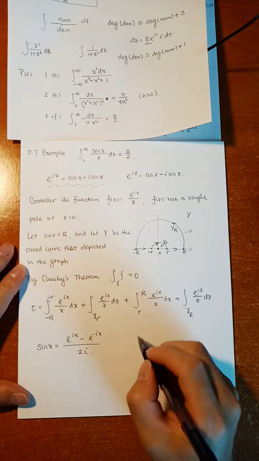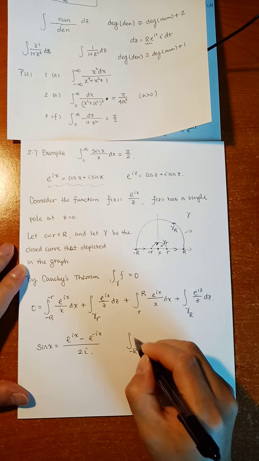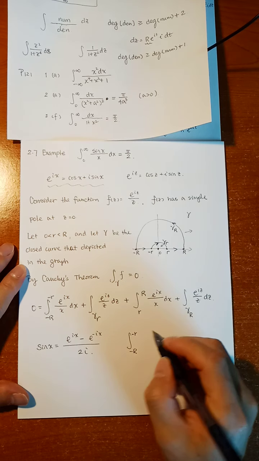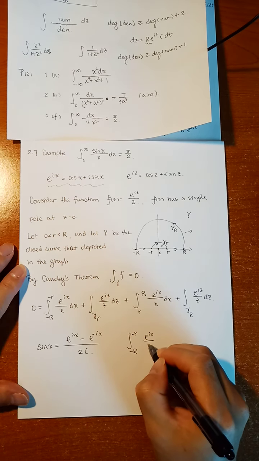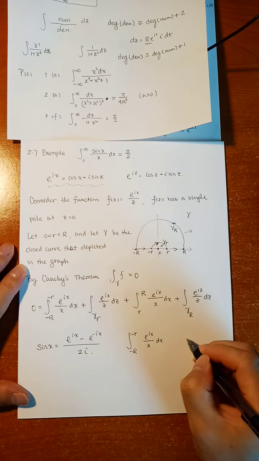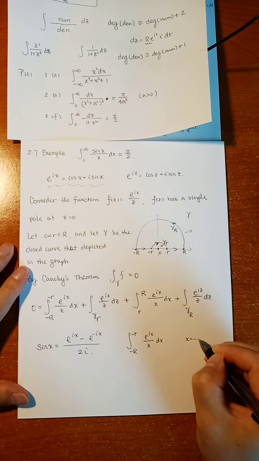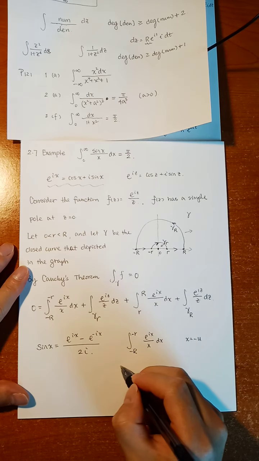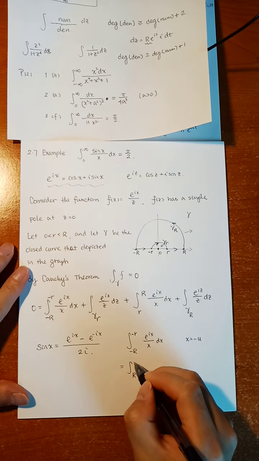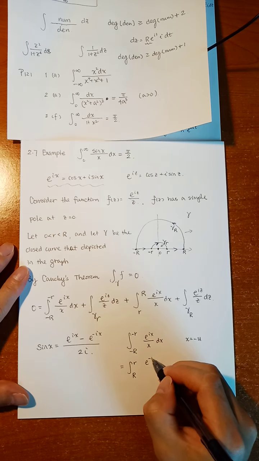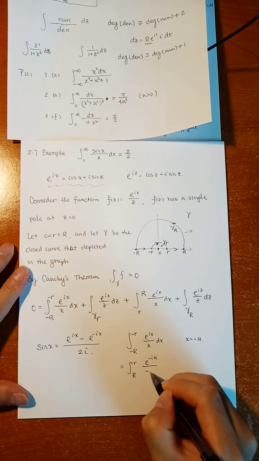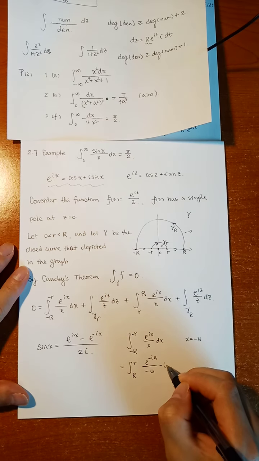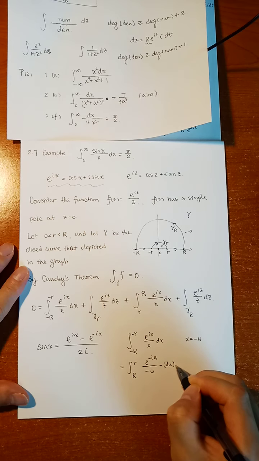So the integral from negative capital R to negative r of e^(ix) over x dx. Let's change variables: x is negative u, so it is equal to the integral from r to R of e^(-iu) over negative u, times negative du.